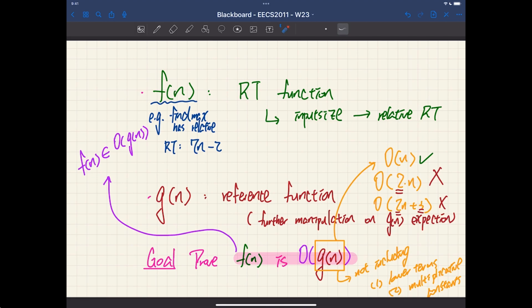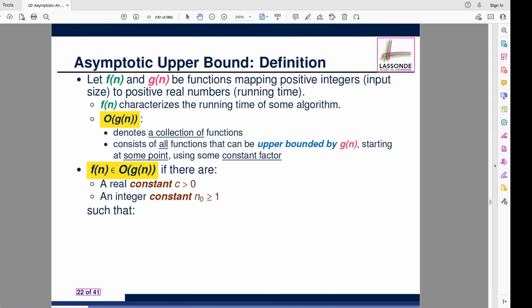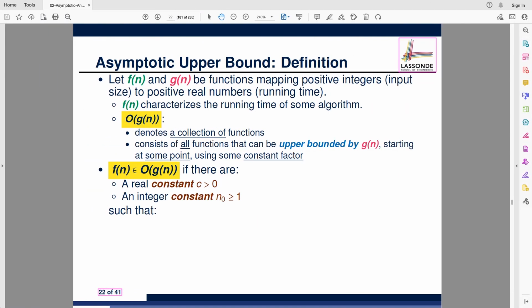Or let's visualize once more. Think about this as the family of functions denoted by big O of g(n). If I say f(n) is actually a member of that, you're basically saying f(n) might just be there. But in order to prove this membership, you have to show it. I'm going to show it to you. How can we prove it?